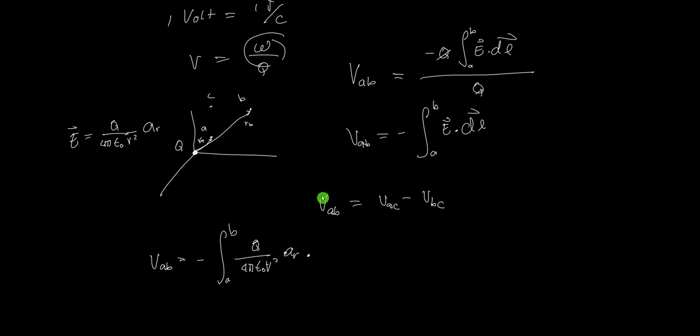What will be our dl? From here to here, that's in the direction of R also. So this is just dR a_R. And a_R dot a_R is just equal to 1.